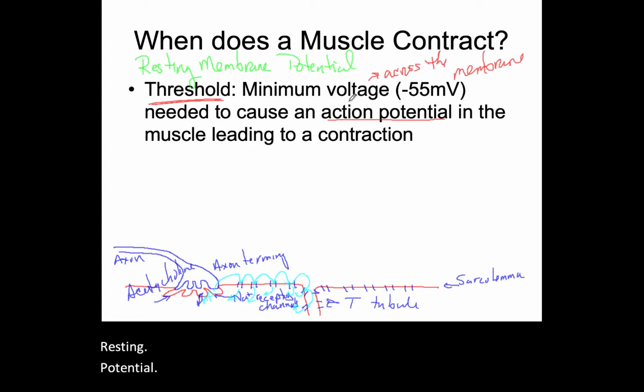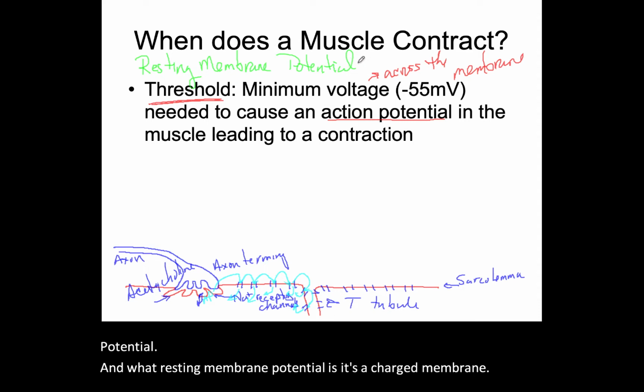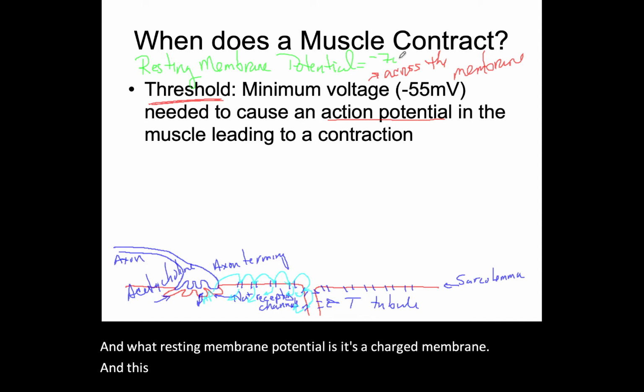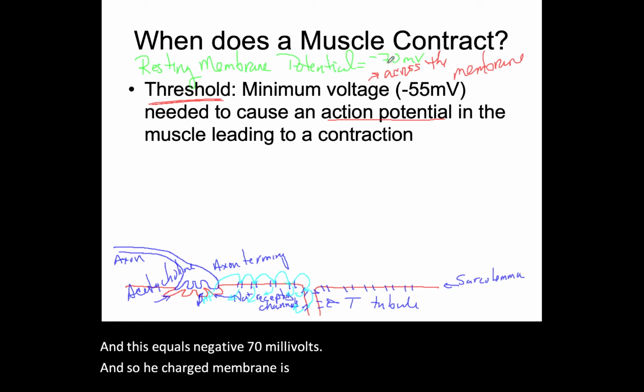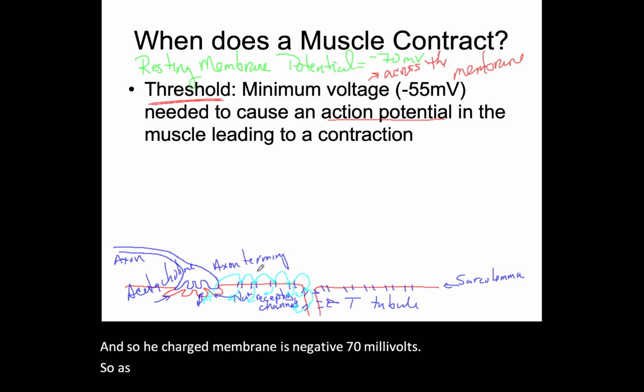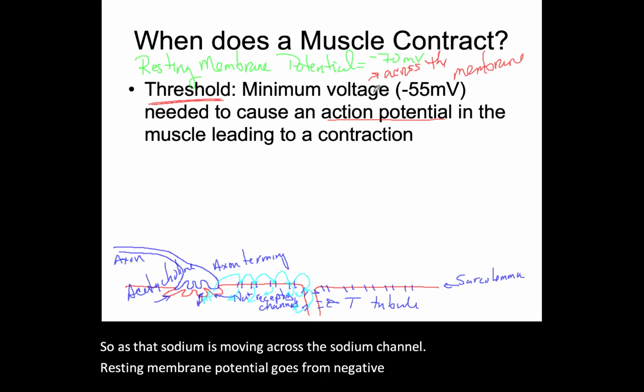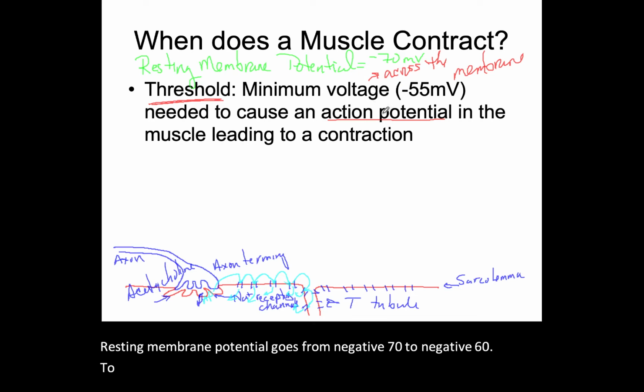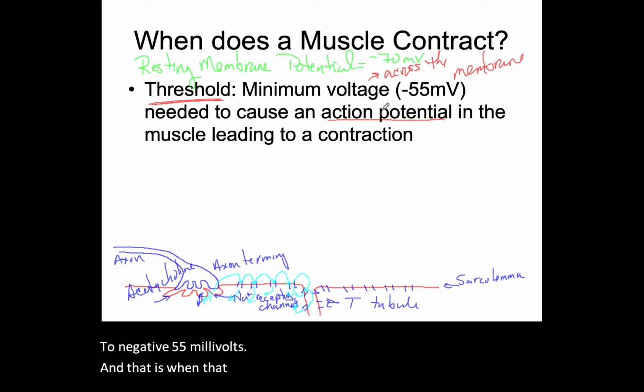What resting membrane potential is, it's a charged membrane, and this equals negative 70 millivolts. So as that sodium is moving across the sodium channel, the membrane potential goes from negative 70 to negative 60 to negative 55 millivolts. And that is when that action potential is going to be sent.